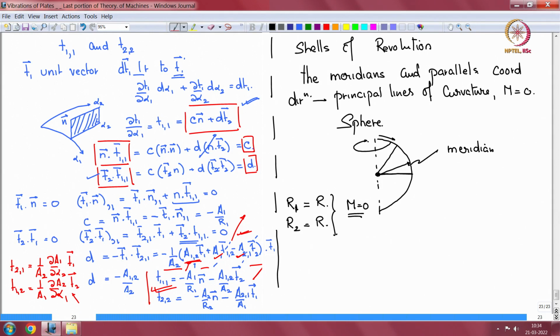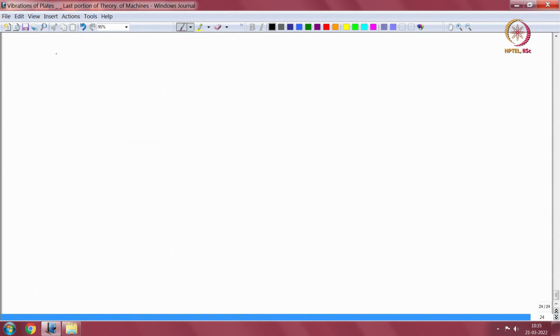So, now the next stage is here. We have so far looked at the distance between r at alpha 1, alpha 2 and r at alpha 1 plus d alpha 1, alpha 2 plus d alpha 2.